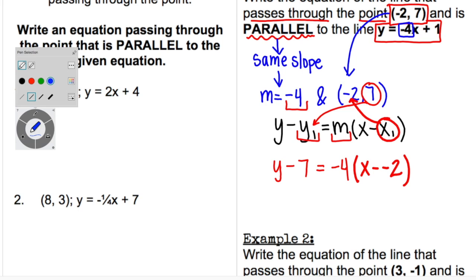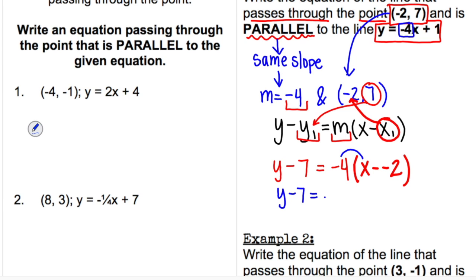The next thing that we need to do is finish simplifying this by first distributing on the right side as well as getting rid of those two negative signs. So negative 4 times x is negative 4x, and negative 4 times a positive 2 gives us a negative 8 on the right side of our equation.